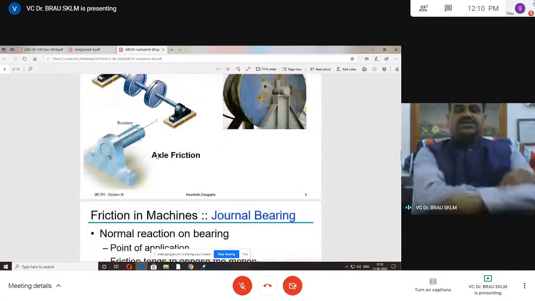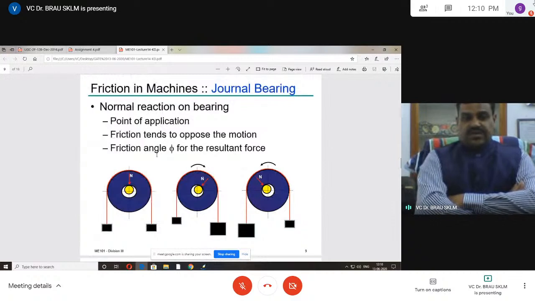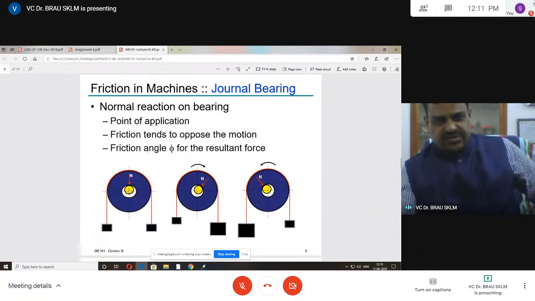Friction in machines. Like this is a pulley. Sometimes if we consider friction here, there is a concept of friction circle also that we have to consider. Anyway, as far as this subject is concerned, that much knowledge is not required.